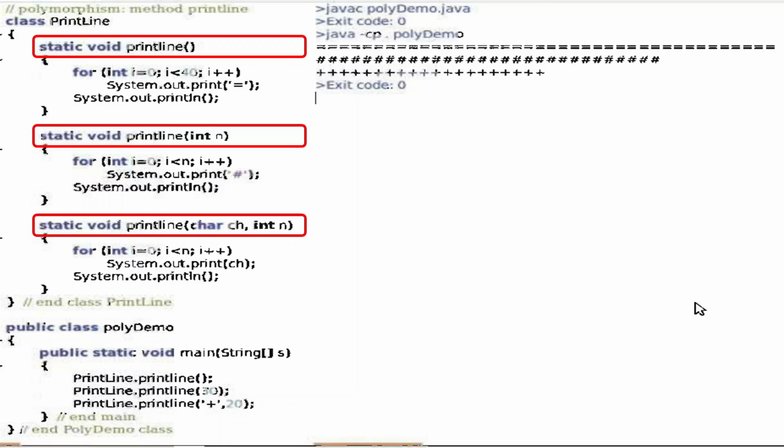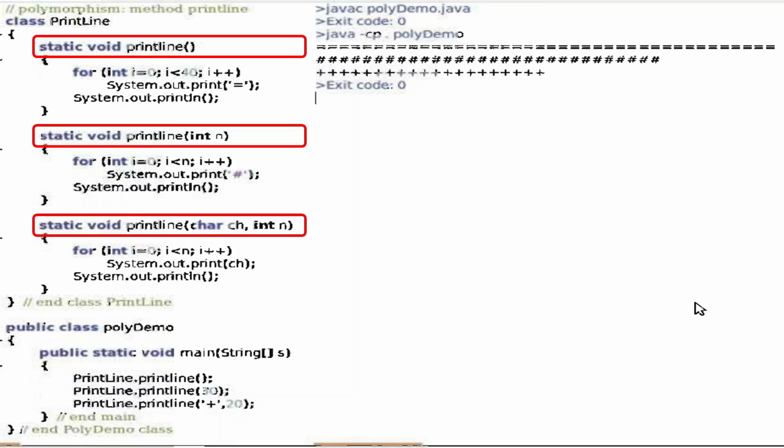But if you look at the parameters, all three methods have different parameters. The first println method has no parameter. The second println method has only one parameter, integer n. And the third println method has two parameters, character ch and integer n.